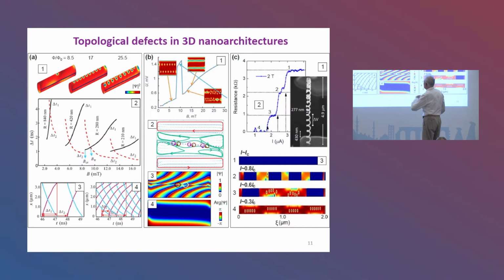The relation between these two times is a strong function of radius. And here we plot these times as a function of the applied magnetic field. You can see that when changing the radius, we change both times very strongly. They are all shifted to lower magnetic fields when the radius is increased.